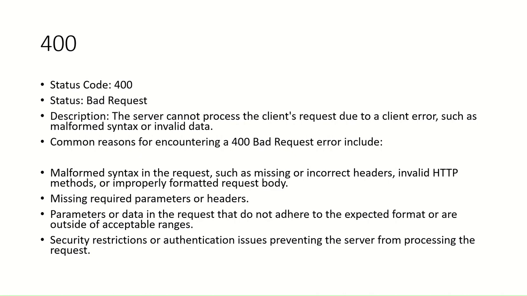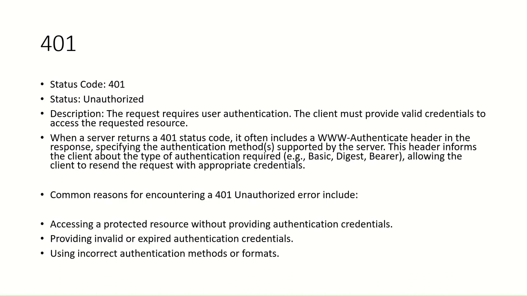Now let me go to the next slide and discuss 401, which is unauthorized. So the status code is 401, status is unauthorized. In the description we can say that the request requires user authentication. The client must provide valid credentials to access the requested resource.